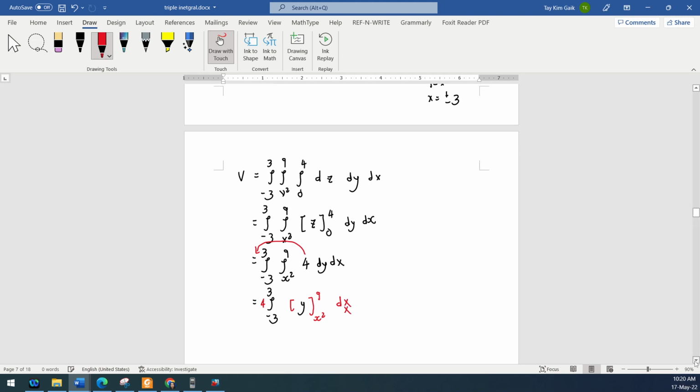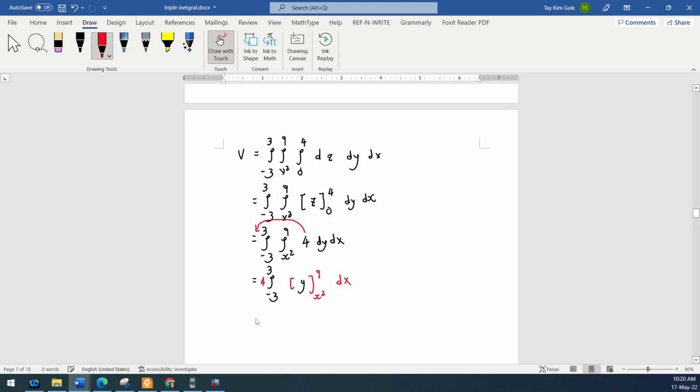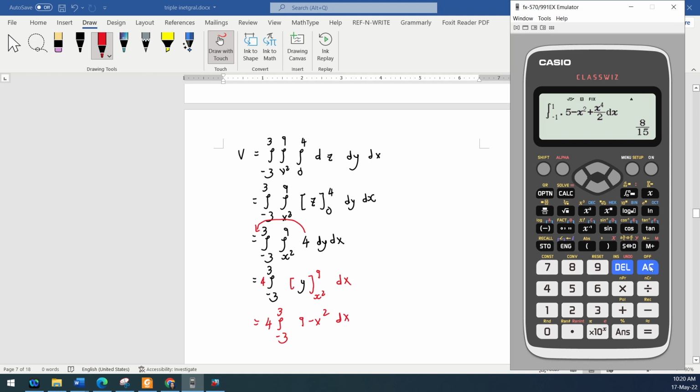So that your number won't be so small. So you have 9 minus x squared dx. So lastly, put it into your calculator. 4 outside, 9 minus x squared, from negative 3 to positive 3.